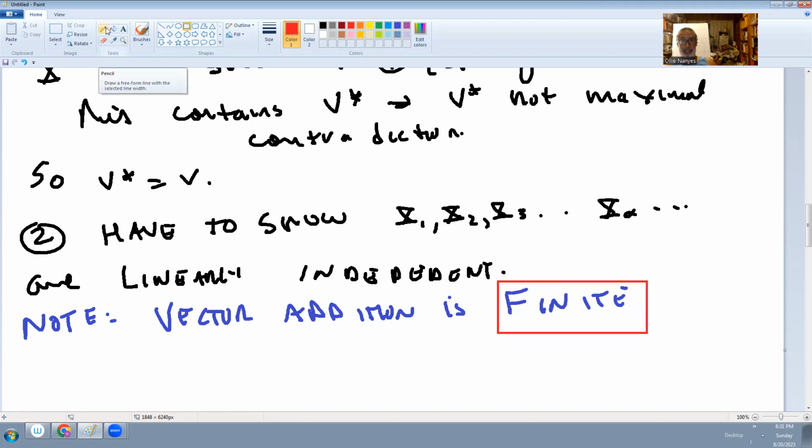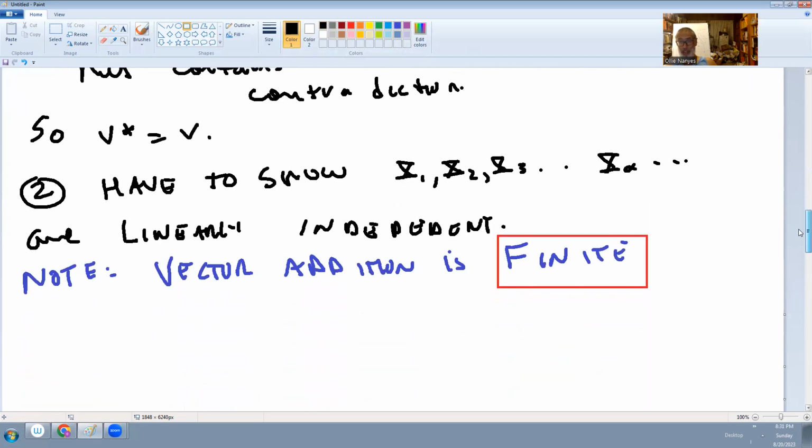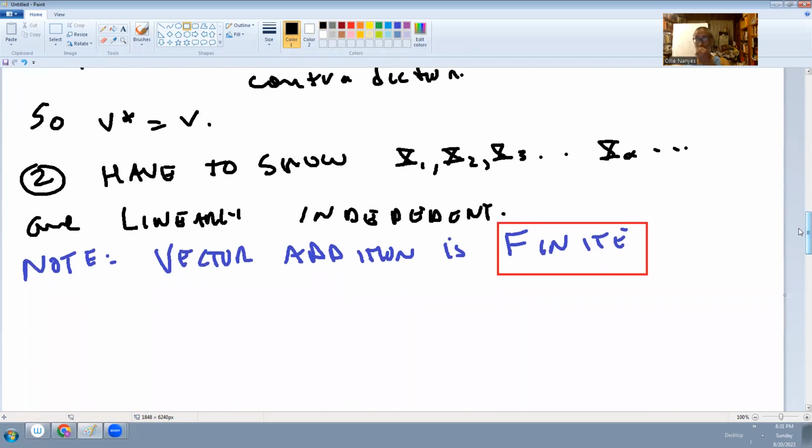We're not really allowing for infinite sums here. Now I realize some vector spaces can have a notion of an infinite sum, for example, Hilbert space, but then you need to add a notion of limit. The actual vector addition thing, though, is in fact finite.